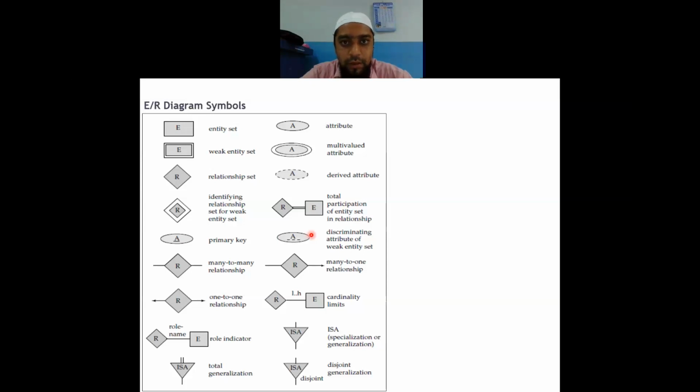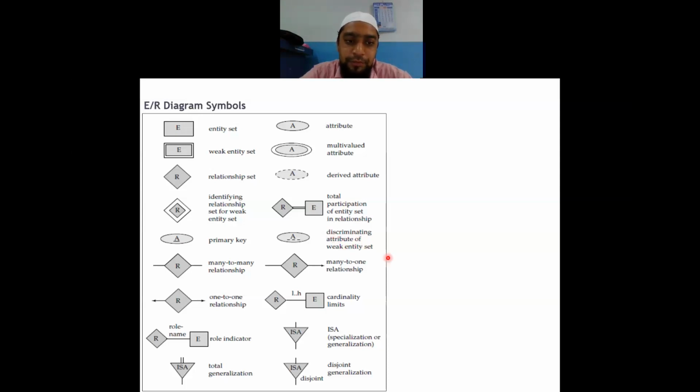Those are also attributes, but they will not be taken as a primary key as a whole. They will be called the discriminator attribute of the weak entity set. Actually, the discriminator attribute is the primary key of this weak entity set only, but it cannot be taken as a primary key as a whole because its existence depends on the strong entity set. That's why we will not say it is a primary key, we will say it is a discriminator attribute of the weak entity set.